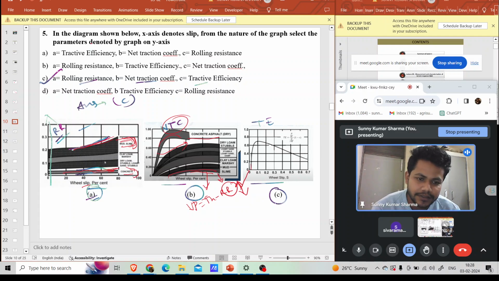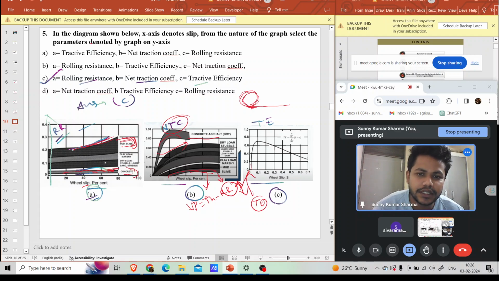In the zero slip condition, when slip is zero, we don't get any tractive efficiency because there is pure rolling. We must have some slip to develop tractive efficiency. If there is pure rolling, no shearing action takes place in the interaction between the tire and the soil. Then we will not get any pull.